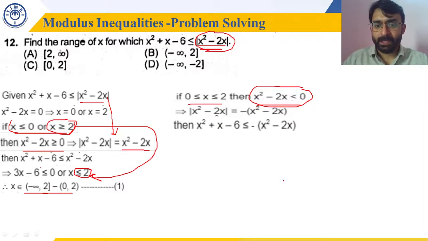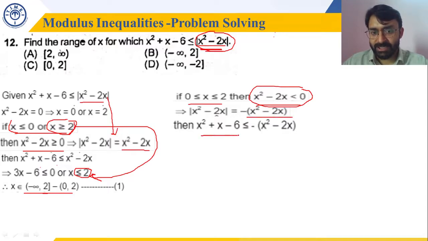Fine. So I can write my inequation like this. X square plus x minus 6 is less than equal to minus of x square minus 2x. I hope this is clear to everybody. Fine. Look at this expression one more time. This will be negative. Is that okay?